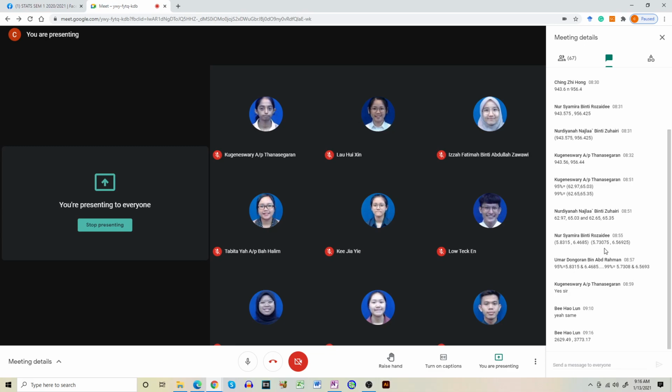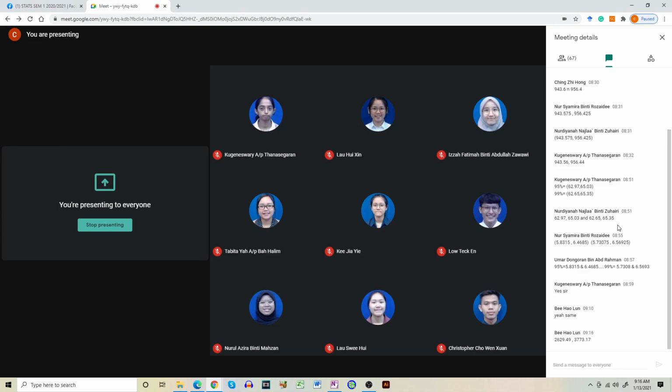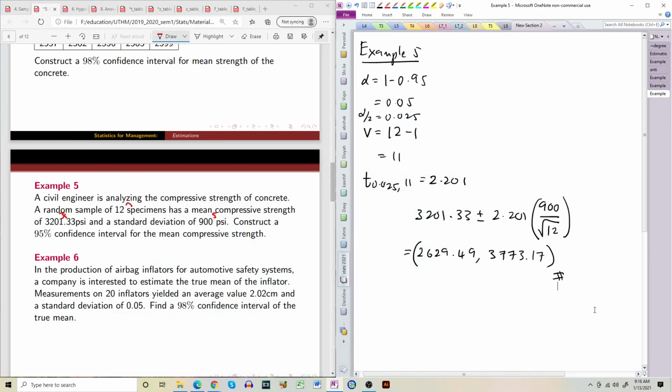Yes, you are right, Haolun. Those who have tried example 5 can move on to example 6. I want you to get used to the formula, because the process is the same process.